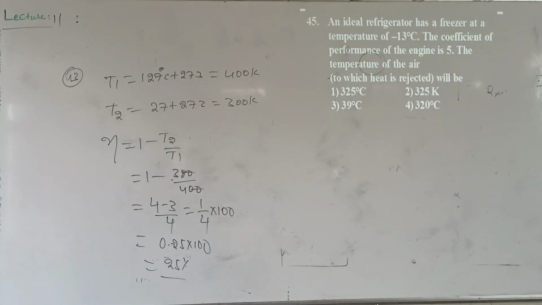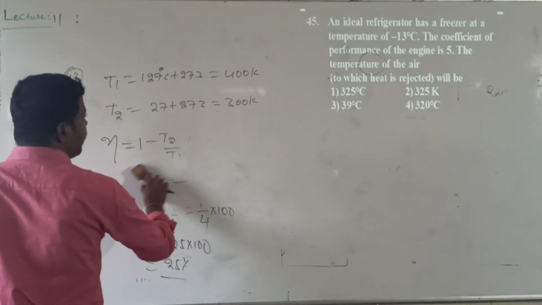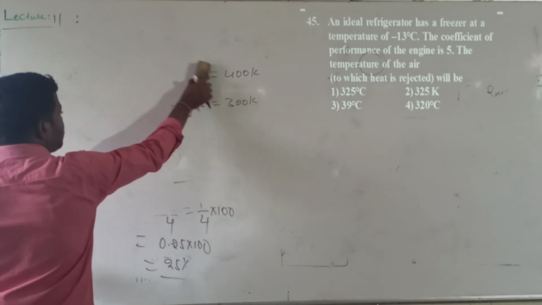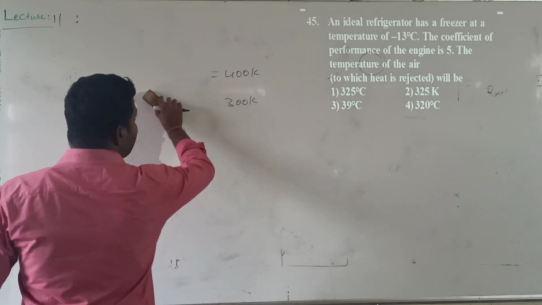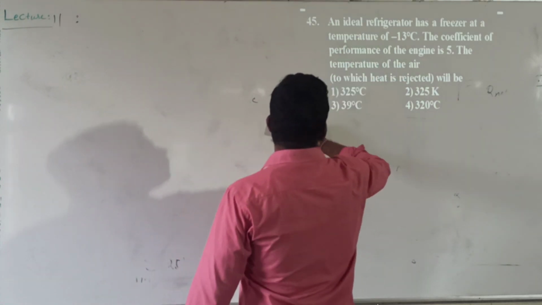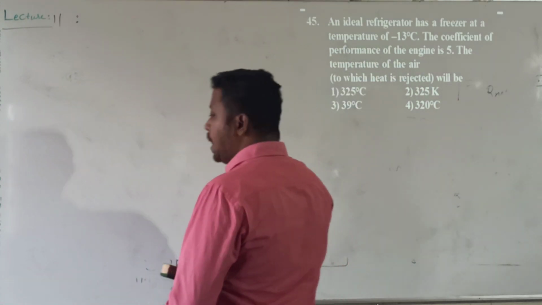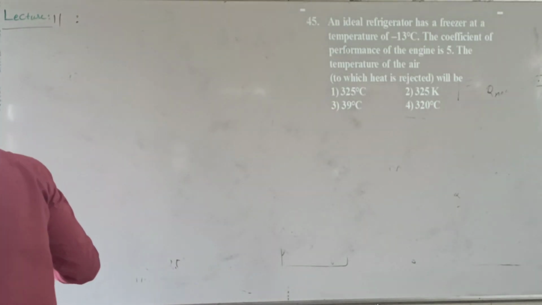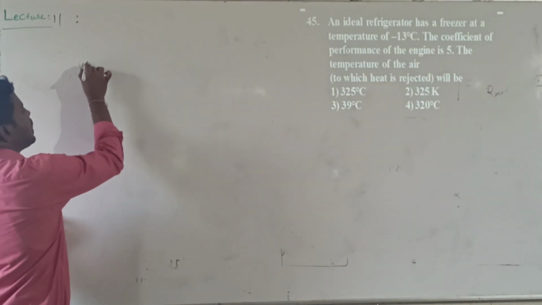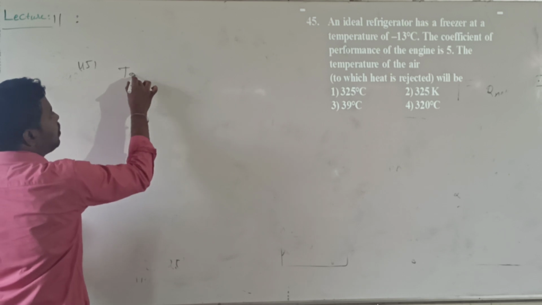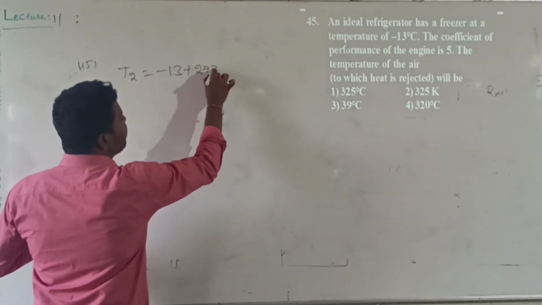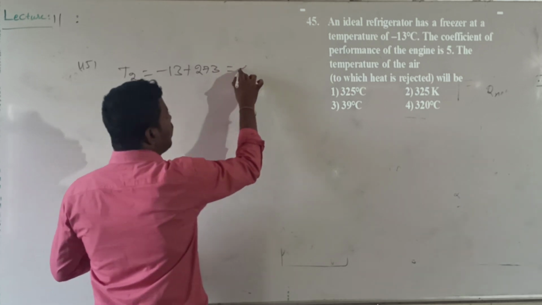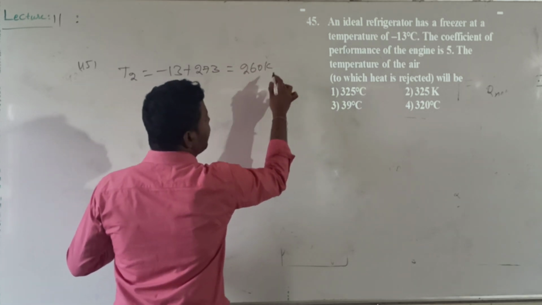Next question, based on the refrigerator. An ideal refrigerator has a freezing point temperature of minus 30 degrees. Low temperature means the temperature of the sink, so T2 is minus 30 plus 273, compulsory conversion, which is 260 Kelvin.